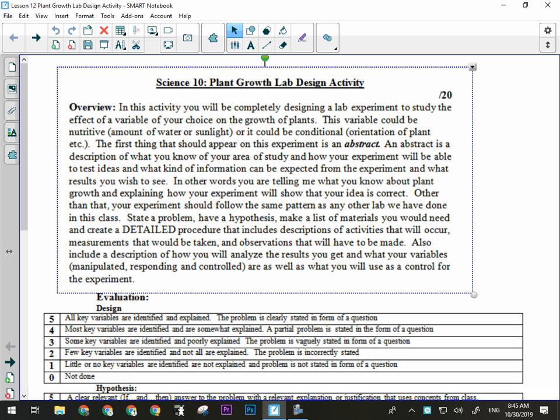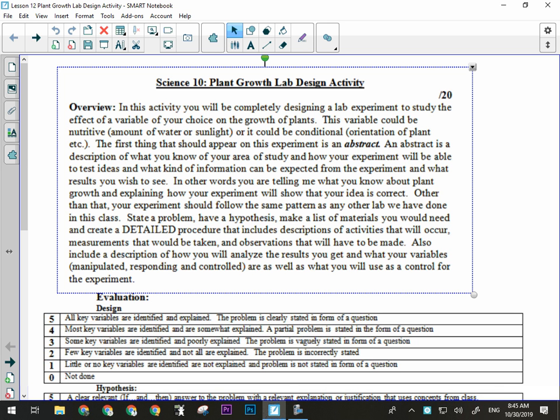Your responding variable is the same for everybody: the growth of the plant. In that, I would explain what you are using as a determiner of growth. How are you measuring growth? When you're talking about your responding variable being the growth of the plant, you would say the growth of the plant is the responding variable as measured by.